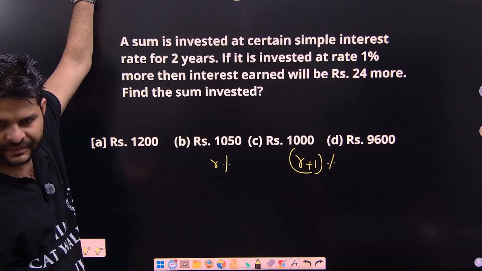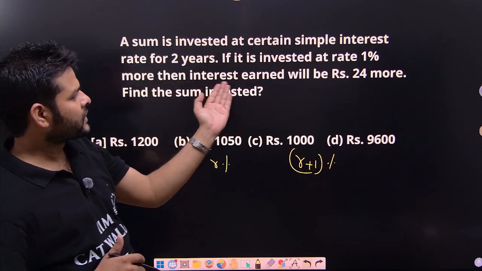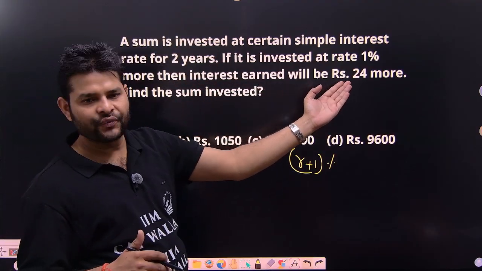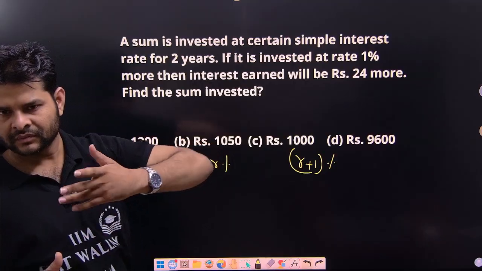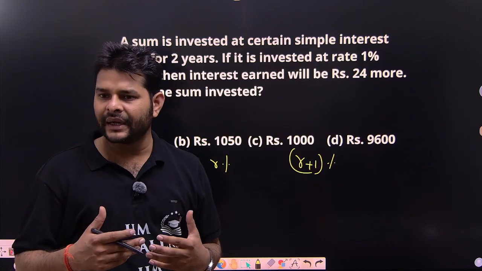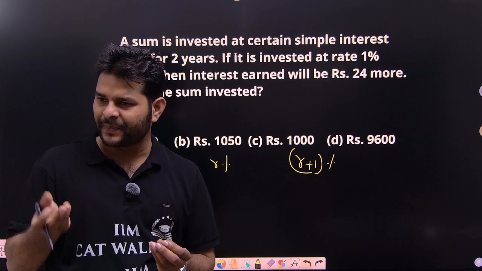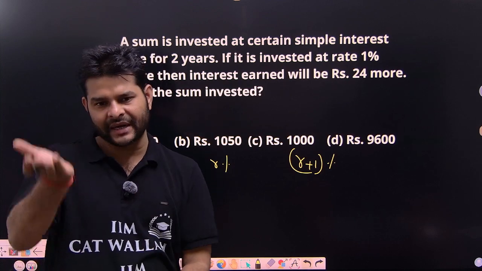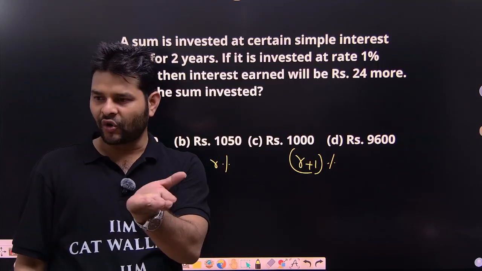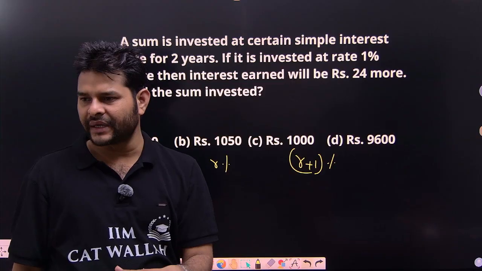Time is the same, principal is the same. In that scenario, we earn 24 rupees more SI. So if we increase the rate of interest by 1% for 2 years, the SI increase is 24.